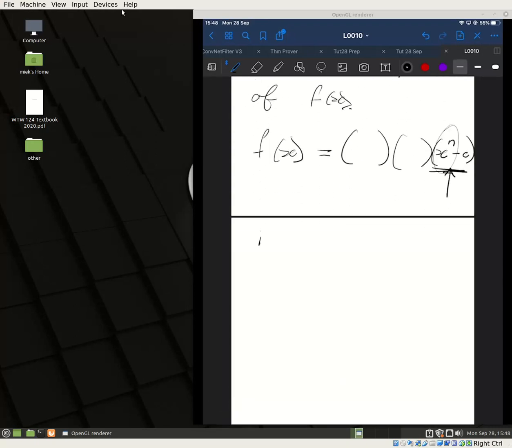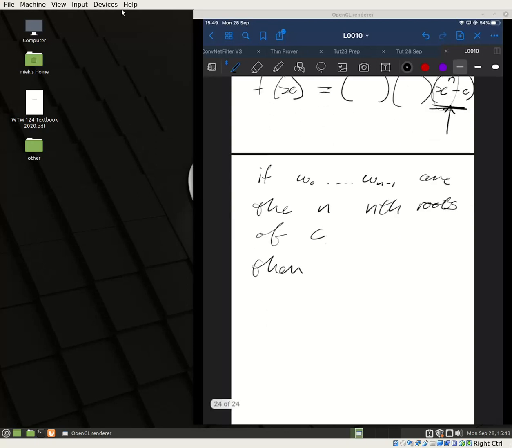So if w0 up to w n minus 1 are the nth roots of c, then, and you can do the exercise, we can factorize x to the power n minus c as x minus w0, x minus w1, etc., up to x minus w n minus 1.